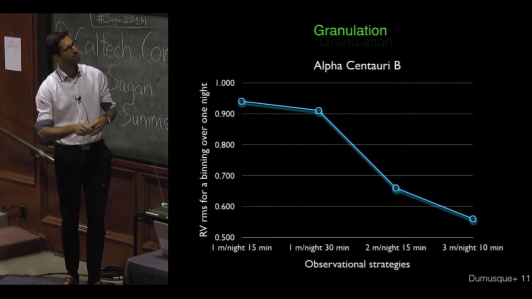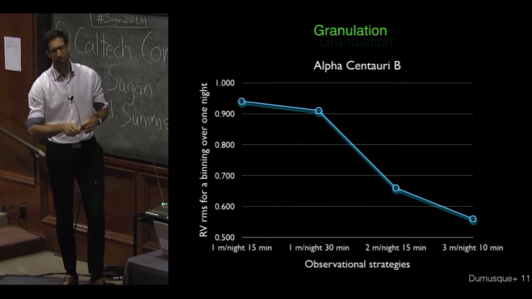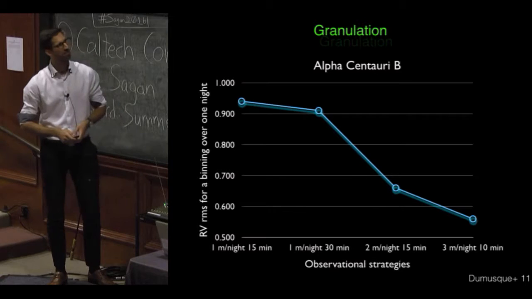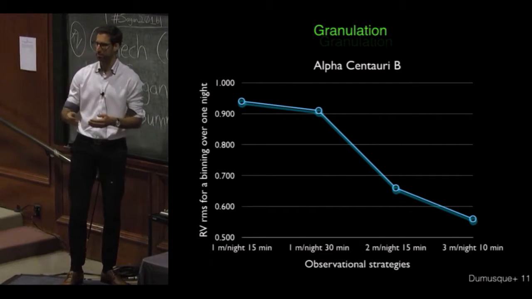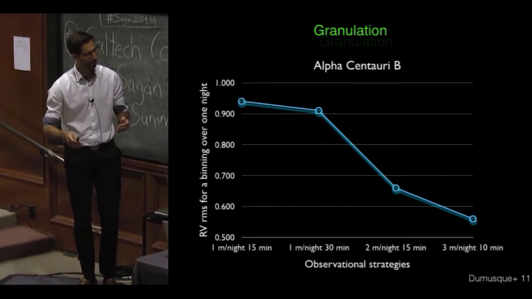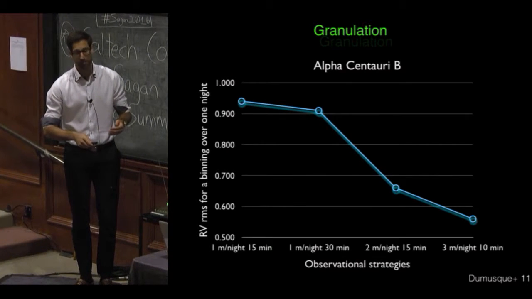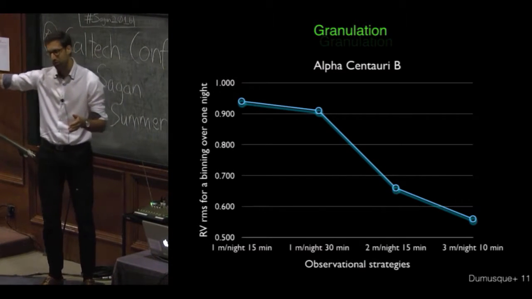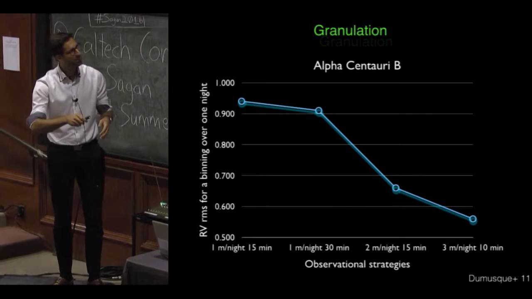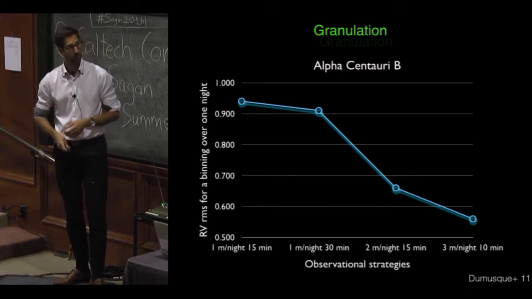You see that you decrease a little bit, but there is nothing very significant there. It's because after 15 minutes, you have averaged out the signal from stellar oscillation, and then you have the signal from granulation that is from a few minutes to 2 days. So you start to reduce the signal from granulation a little, but not so much.